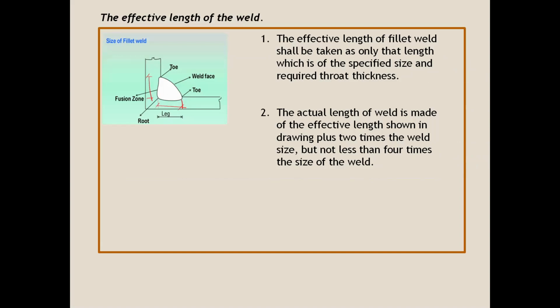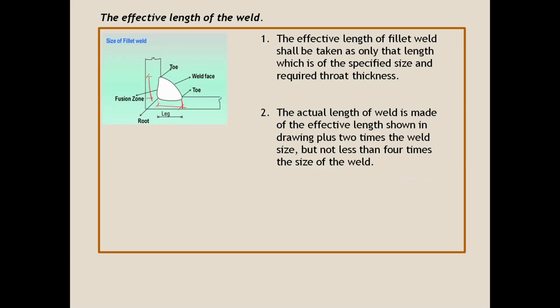That is the main effective length of the weld. We have calculated the throat thickness. The actual length of weld is made of the effective length shown in the drawing plus 2 times the weld size, but not less than 4 times the size of the weld.